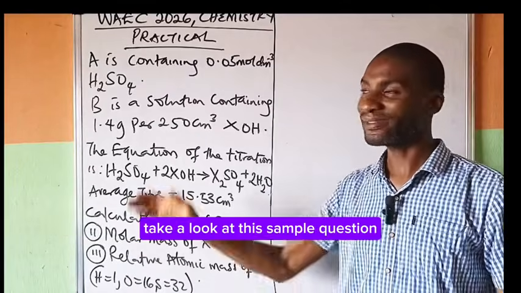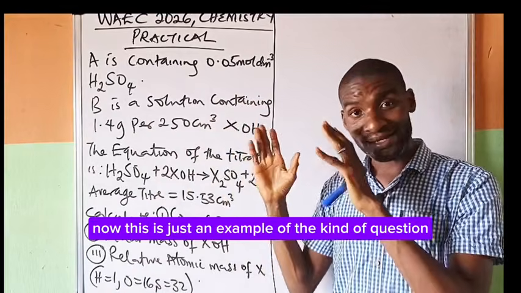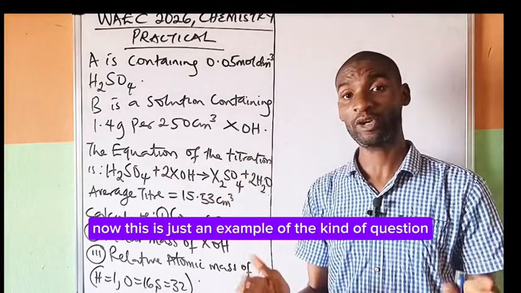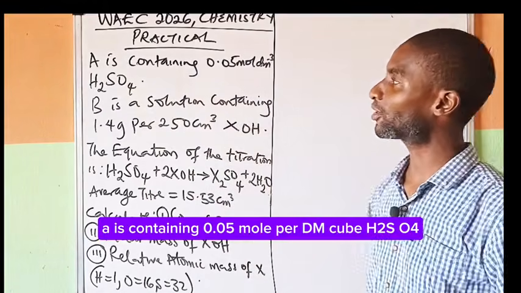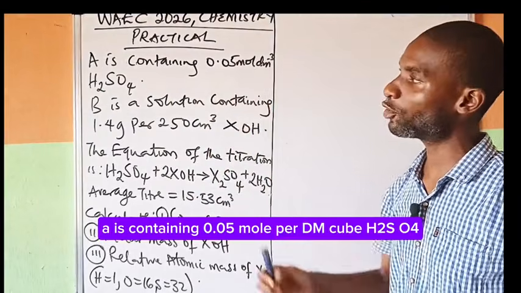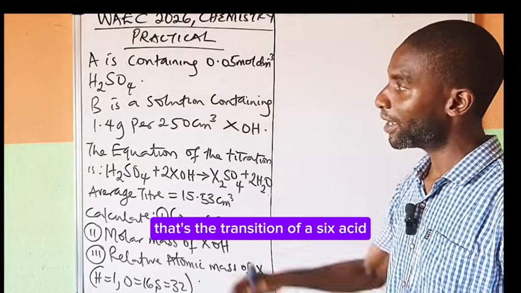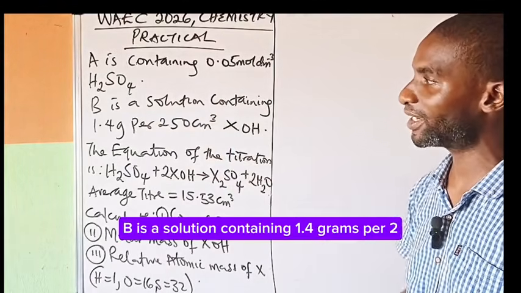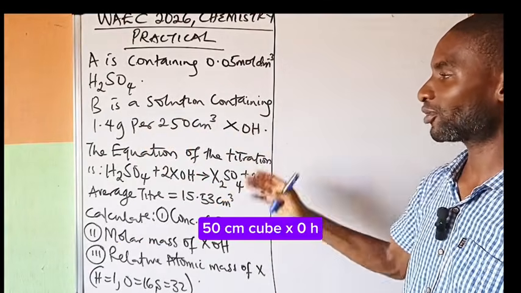Take a look at this sample question. Now, this is just an example of the kind of question you can be expecting in the exam. A is containing 0.05 mole per dm cube H2SO4, that's the tetraoxosulfate 6 acid. B is a solution containing 1.4 grams per 250 cm cube XOH.